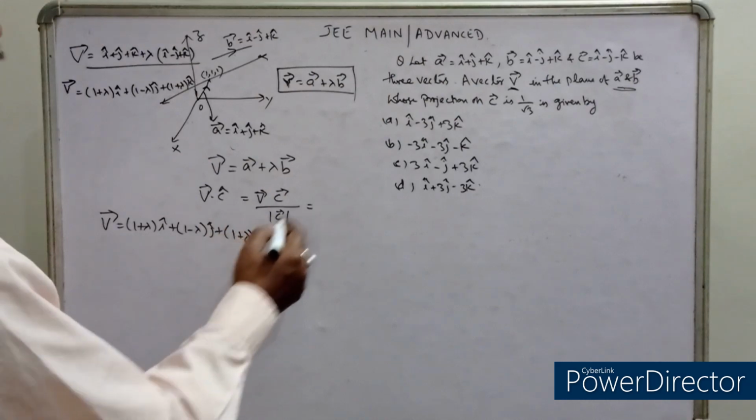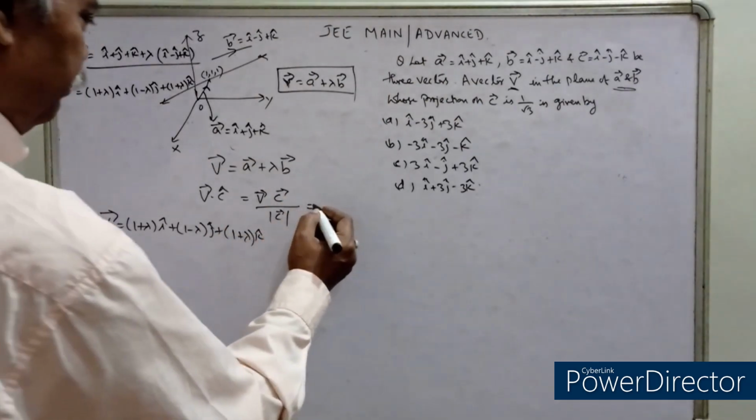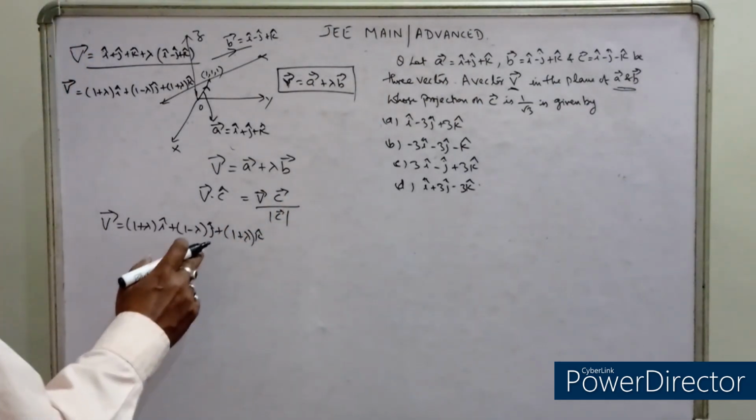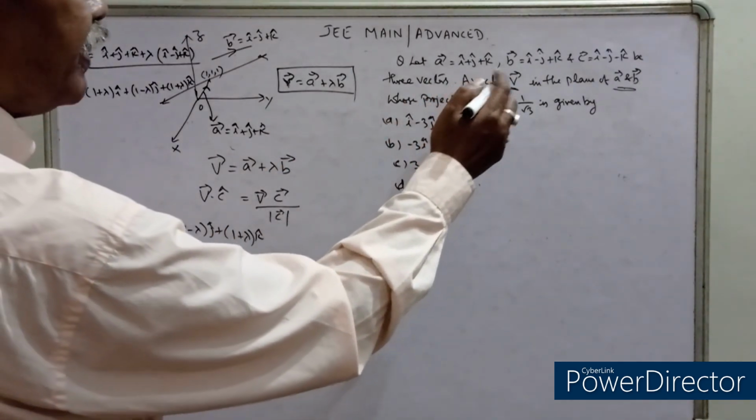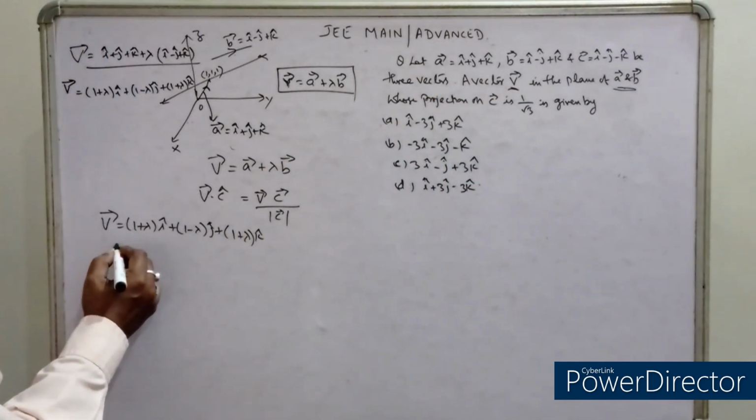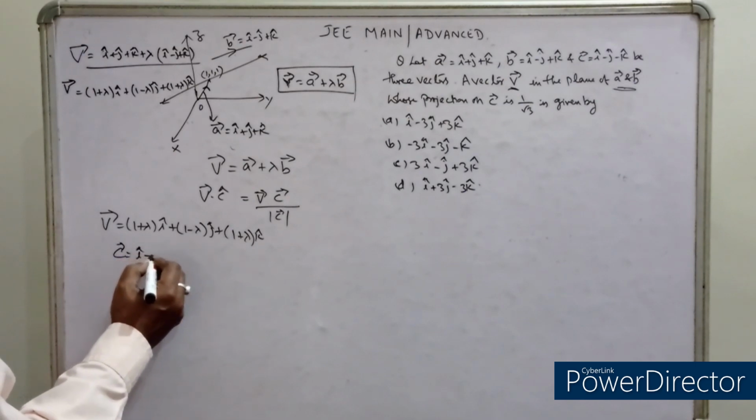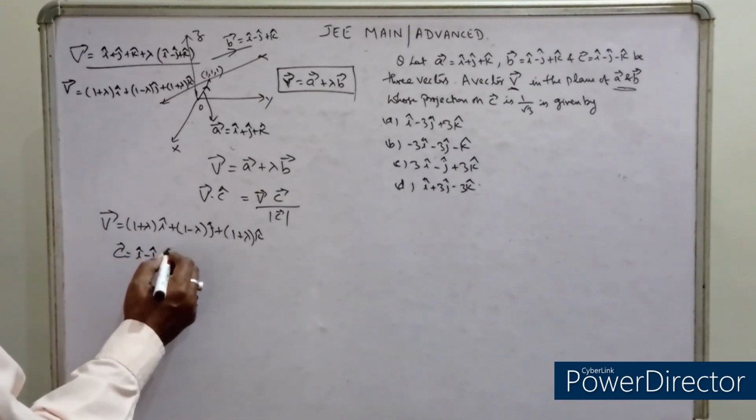So V vector dot C vector. Your C vector is given here, that is equal to i cap minus j cap minus k cap.